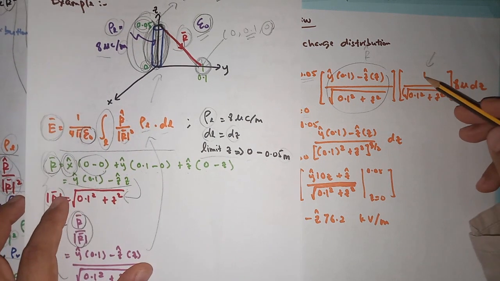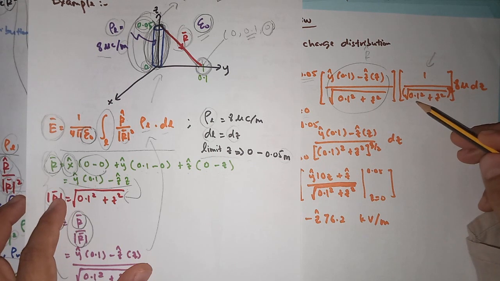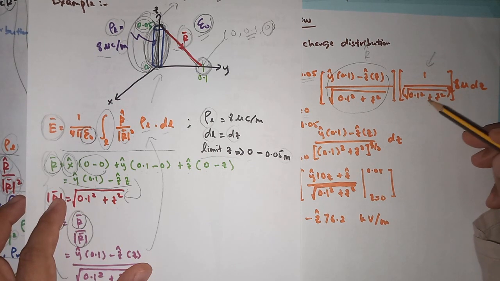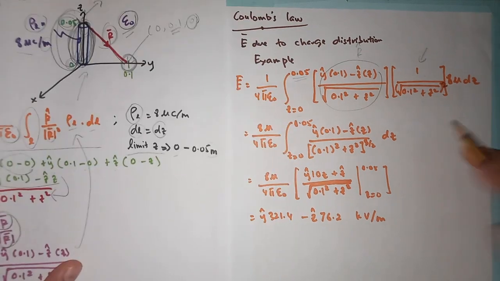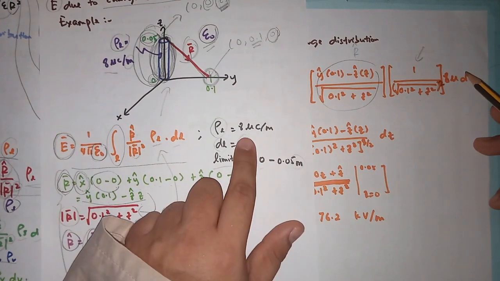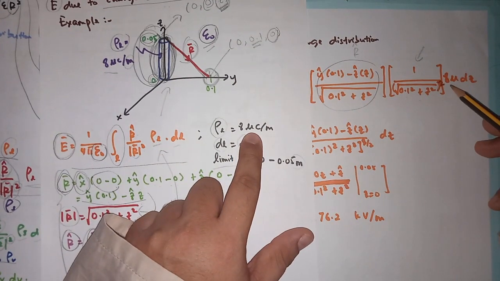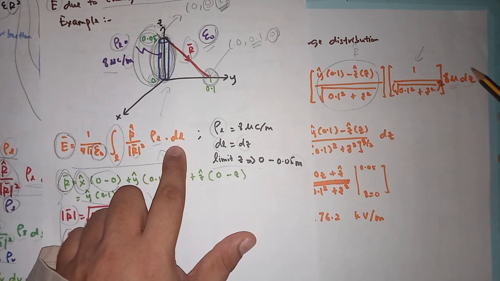So we have 1 divided by the square root of 0.1 squared plus z squared, to the power of 2, multiplied by rho L. The value of rho L given in this question is 8 micro, and dl has been replaced with dz.